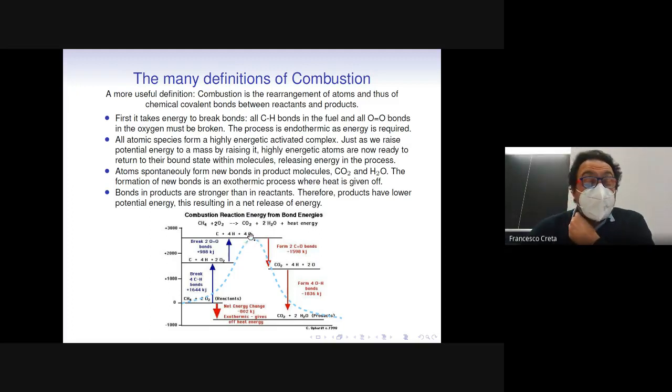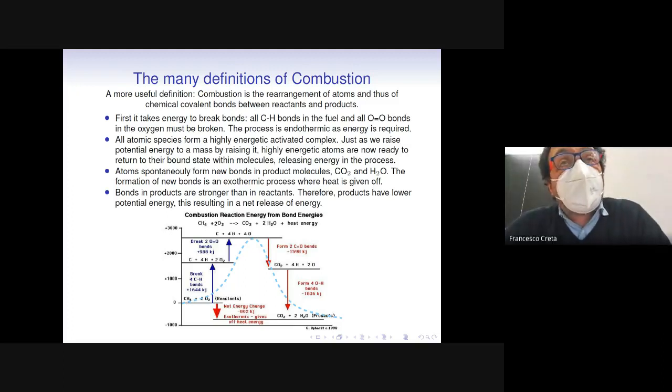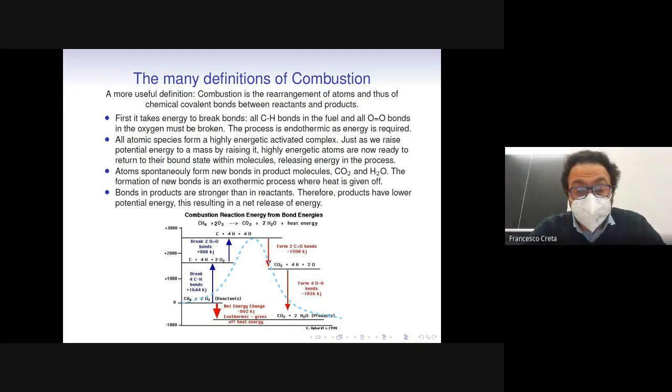Now, this ball is ready to find a new stable equilibrium. Clearly what happens is that it will fall as low as possible, so it will reach the lowest possible level of potential energy. So spontaneously, atoms will form new bonds in products such as CO2 and H2O, where these atoms are far more stable.